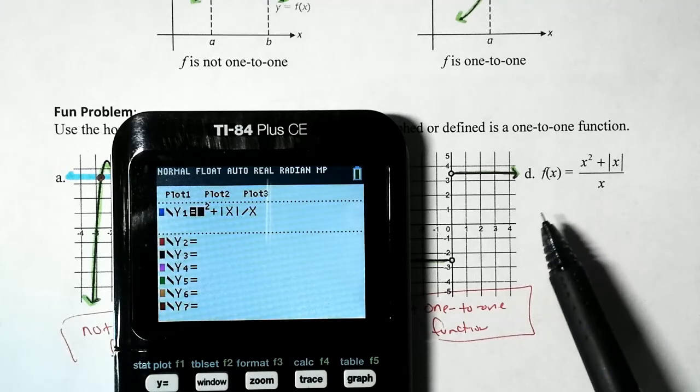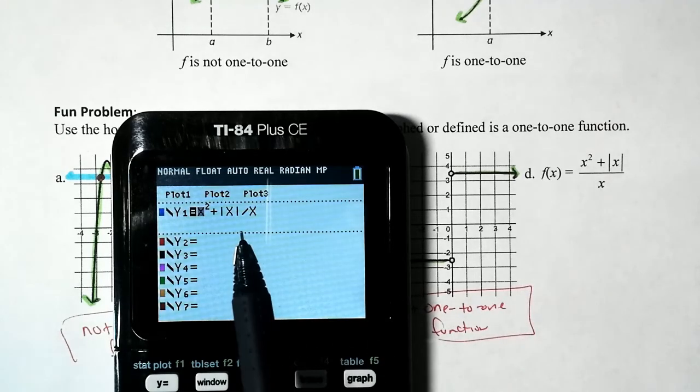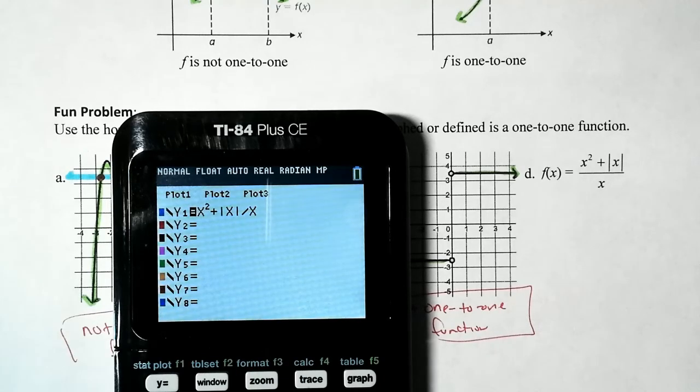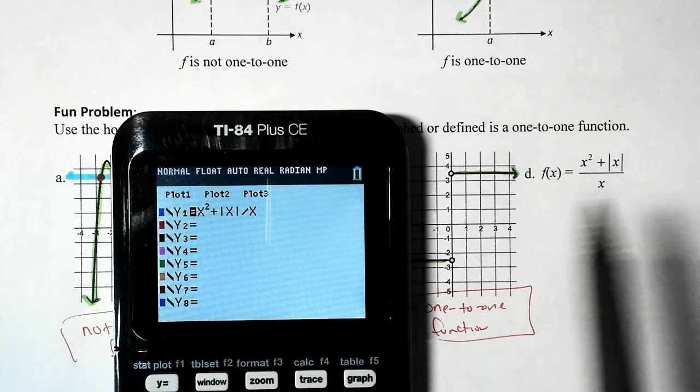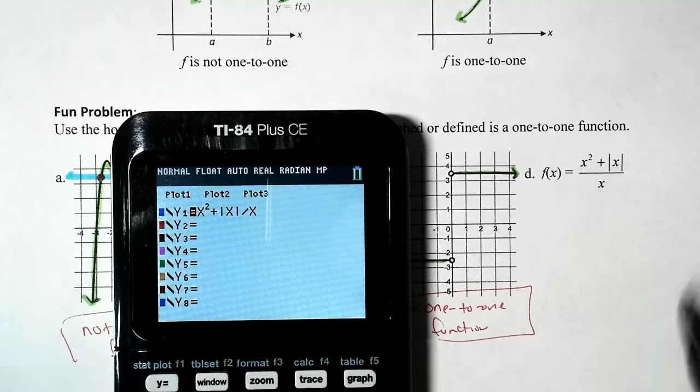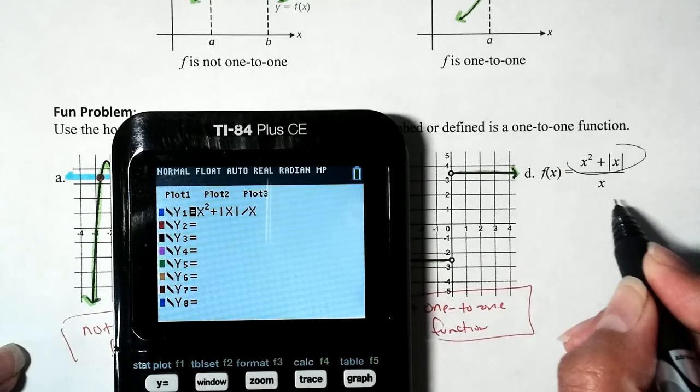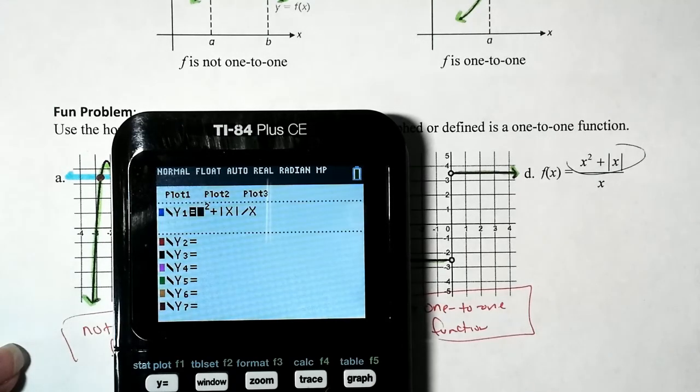So I'm going to notice what I have before and after the division sign. Before the division sign, I only have the absolute value of x. I don't have the entire sum. So if we want to divide the entire sum by x, we're going to have to use grouping symbols. If you know how to use your insert function, you do second insert, and then you put your parentheses.